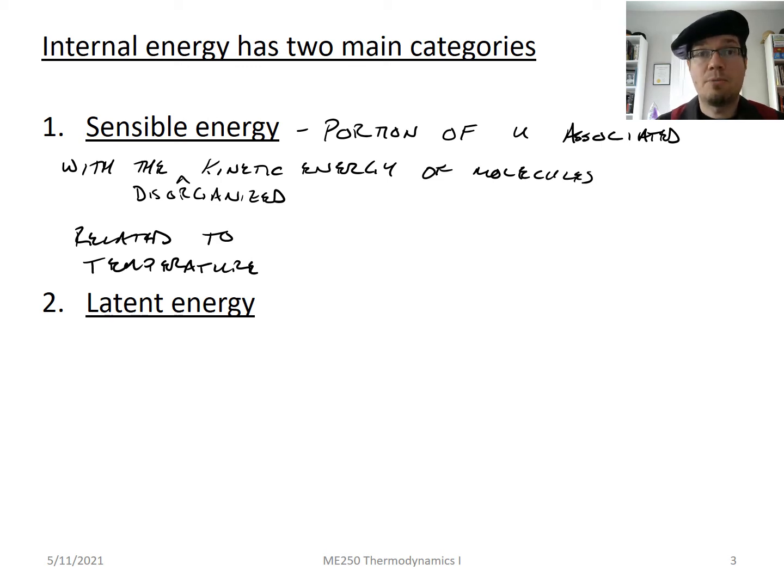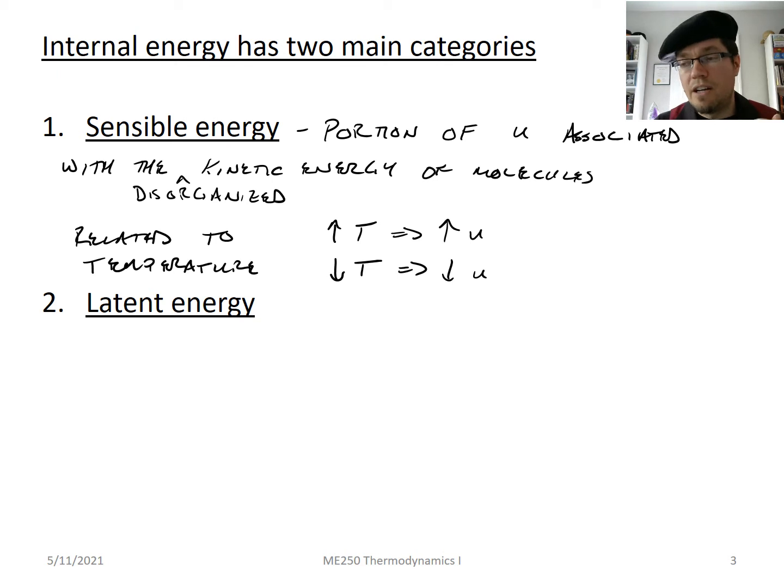And so this sensible energy is the energy of those molecular motions, and it's directly related to temperature. So an increase in temperature leads to an increase in U, and a decrease in temperature leads to a decrease in U.